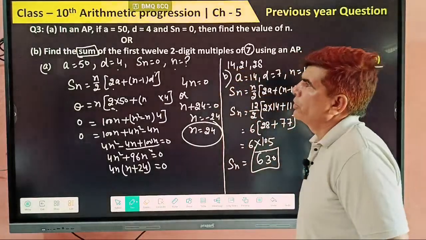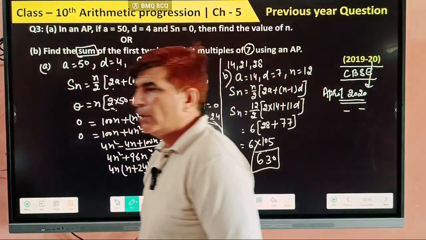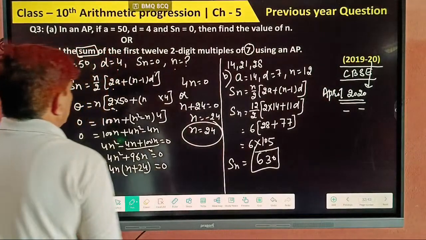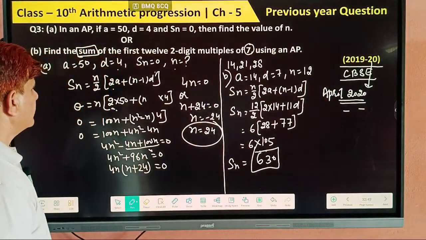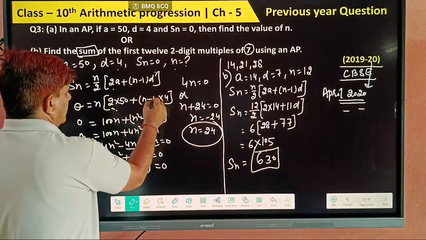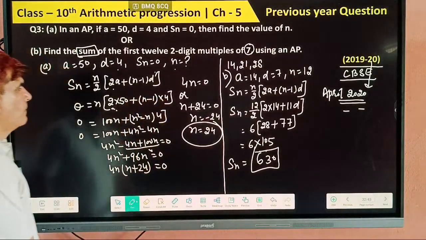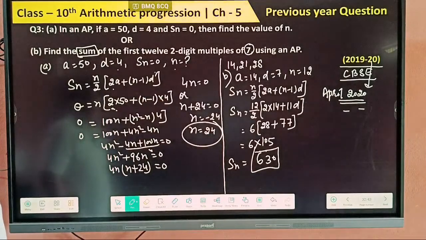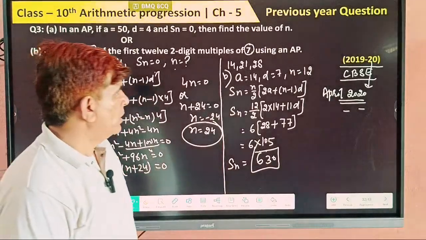B part of this question. Understood? Here it is n minus 1. Got it? Understand?